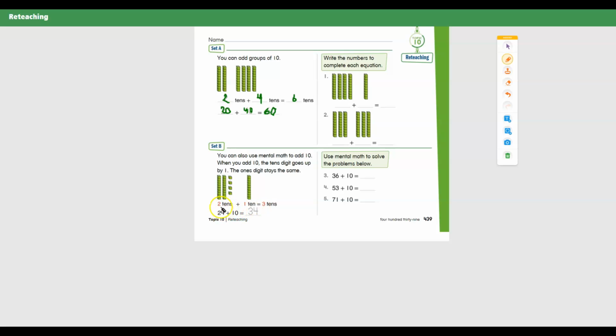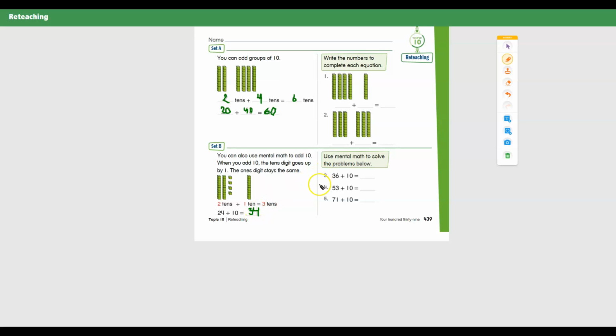When we add the tens, our tens digit goes up by 1, so 2 plus 1 is equal to 3. And our ones digit remains the same. 4 plus 0 is still 4. So 24 plus 10 is 34.